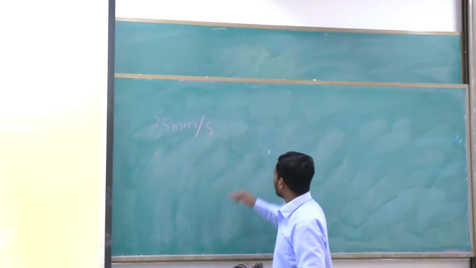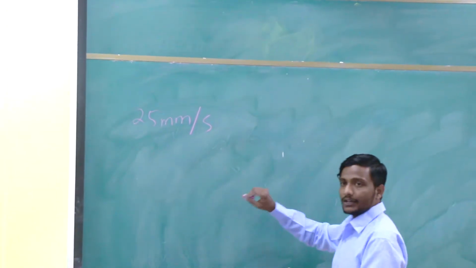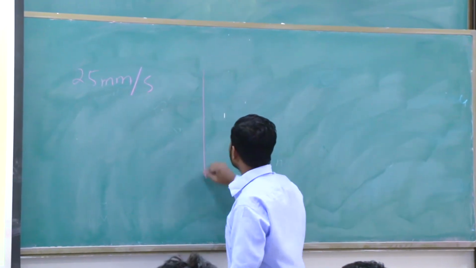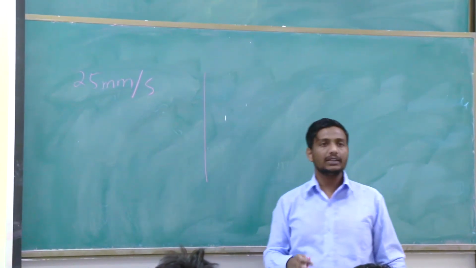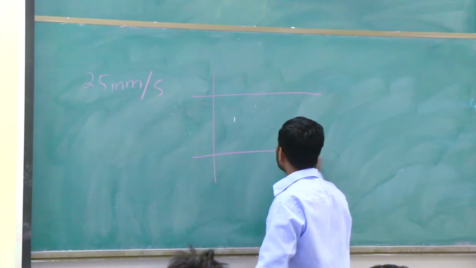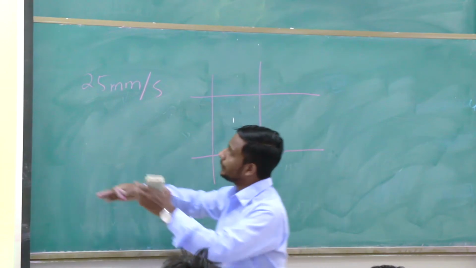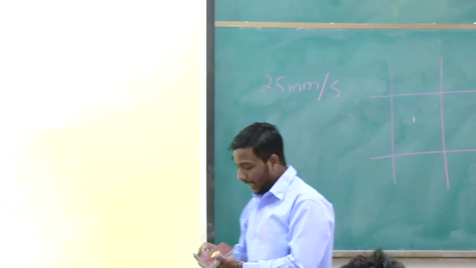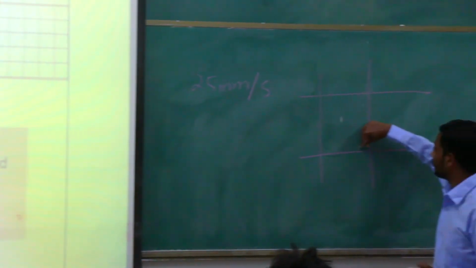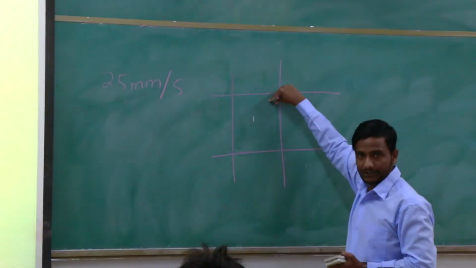Now, after learning that speed, you have learned that the ECG paper has one particular design. It has so many horizontal lines and so many vertical lines. And we divide them into something called large squares and small squares. Right? So suppose that I am drawing one large square here, and there are so many. One large square is going to have 5 small squares in the length and 5 small squares in the height.